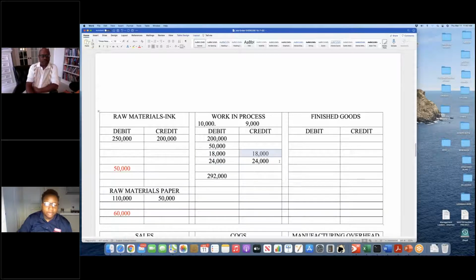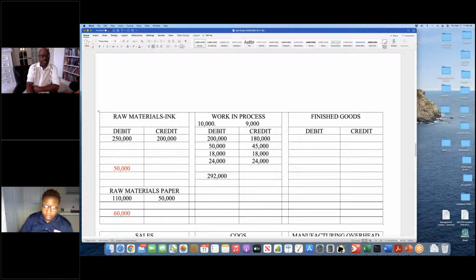So we need to find the amount for 9,000 books. 9 over 10 is 90%. So 90% of 50,000 is 45,000. And what's 90% of 200,000? 180,000.